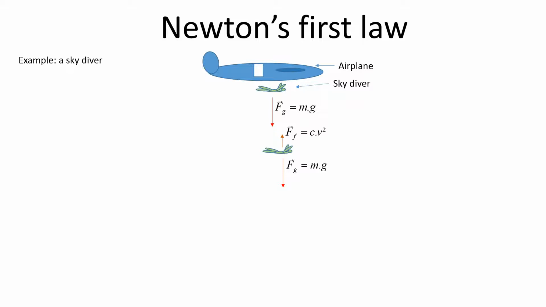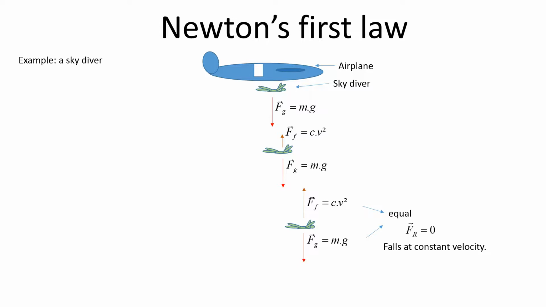The friction depends on a constant for the aerodynamic form of the skydiver, times the velocity squared. So if you double your speed, you quadruple your frictional force. After a while, the friction force will be as big as the gravitational force. Those two are equal, so there will be no resulting force, and the skydiver falls at a constant velocity. So in free fall, after a few seconds, he will reach a speed of about 180 kilometers per hour, and he will keep falling with that speed.